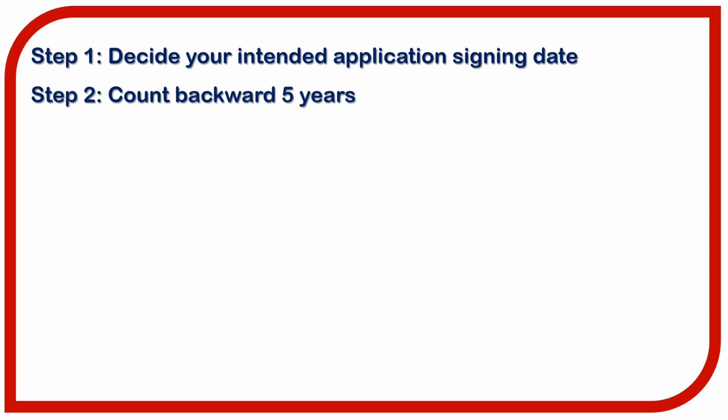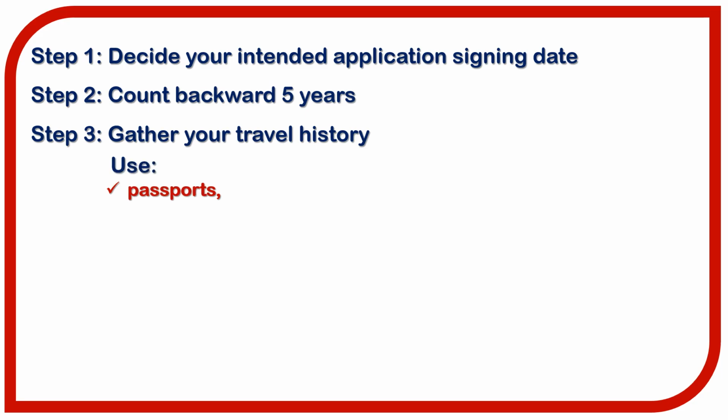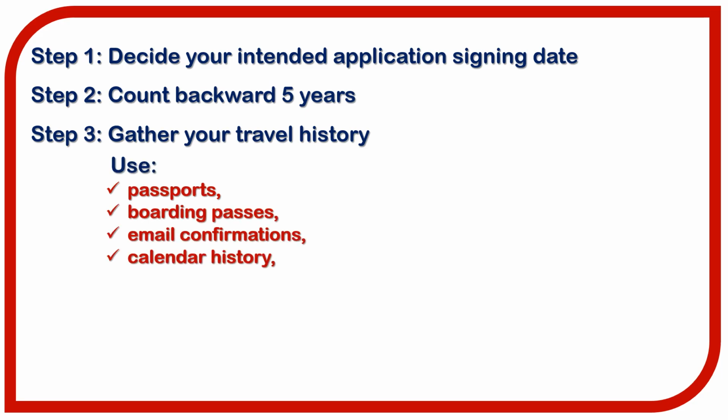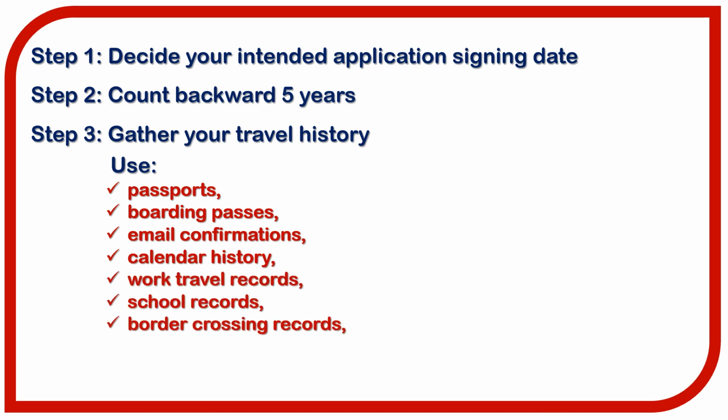Step 2. Count backward 5 years. That becomes your eligibility window. Step 3. Gather your travel history. Use passports, boarding passes, email confirmations, calendar history, work travel records, school records, border crossing records, or your own notes.